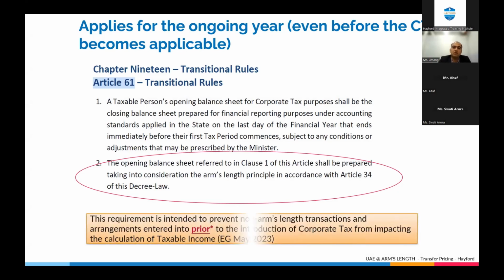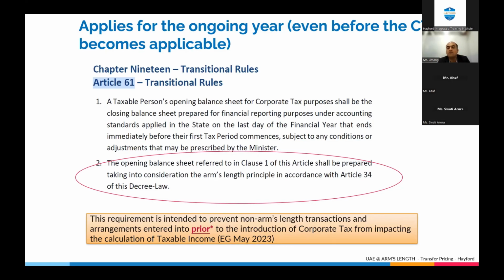The box in orange below is an extract from the explanatory guide, which says that this requirement is intended to prevent non-arm's length transactions and arrangements entered into prior to the introduction of corporate tax.